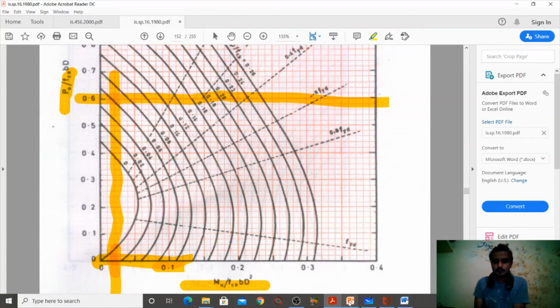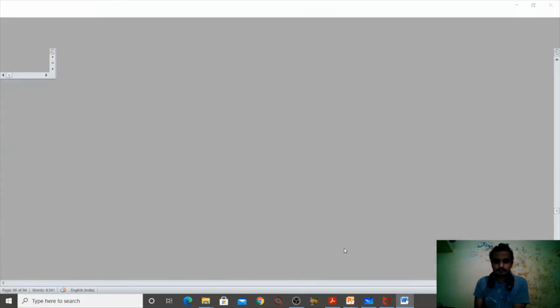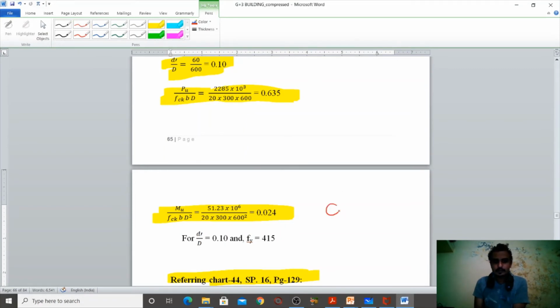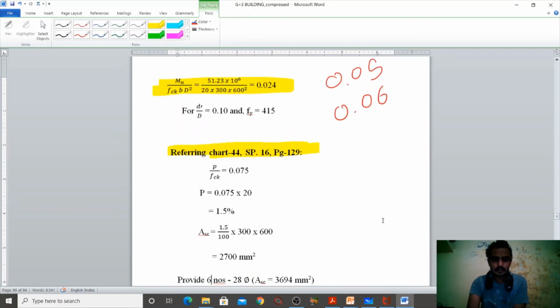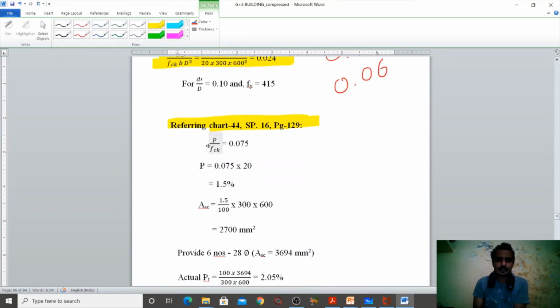So our value is in between these two. So we have a point FCK 0.075. So P is 0.075 into 20, so PT is 1.5.